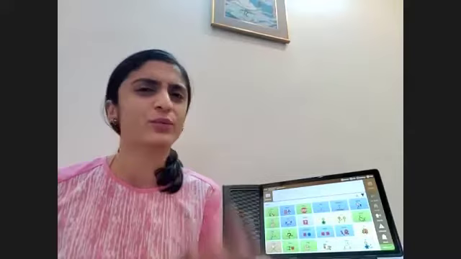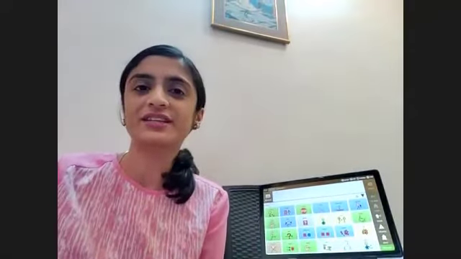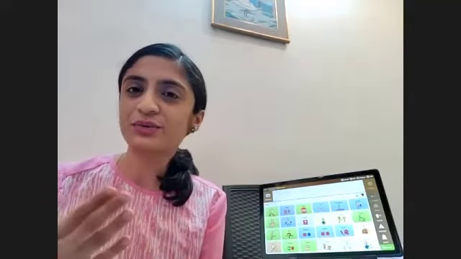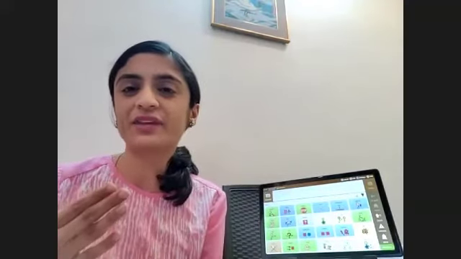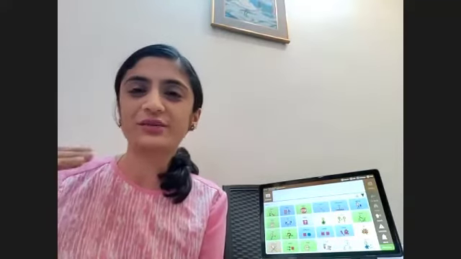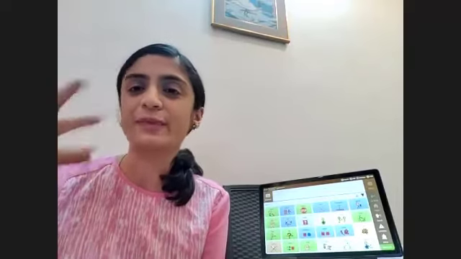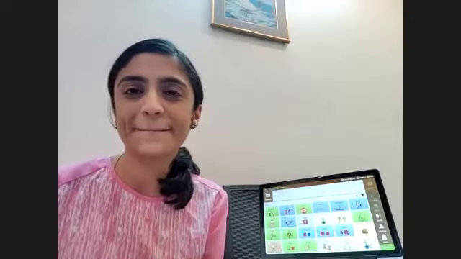So even if you just talk about what's happening in the picture, that itself is helpful. So you can use books with less text, but if you don't have access to them, you can even just ignore the text and just focus on describing the picture that's in the book.